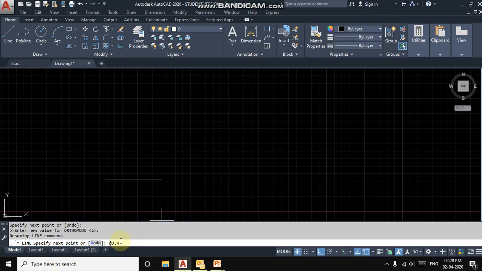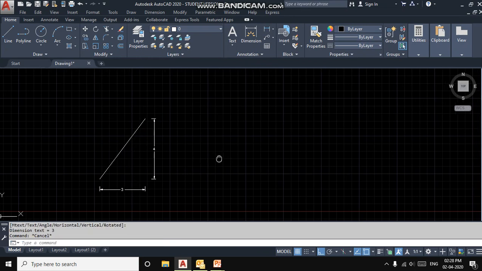I am giving the input as @3,4. Finish. See, the same line is drawn over here. If you measure that distance, you can see this will be 4, this will be 3.